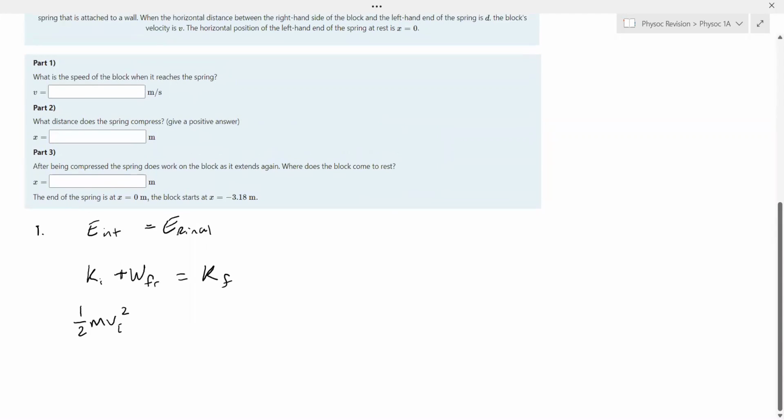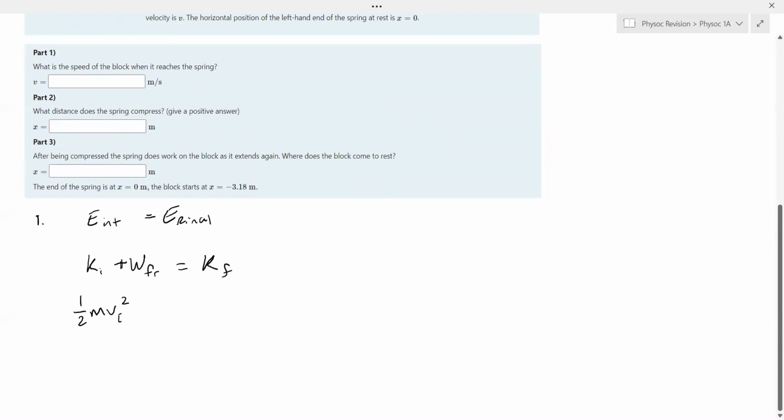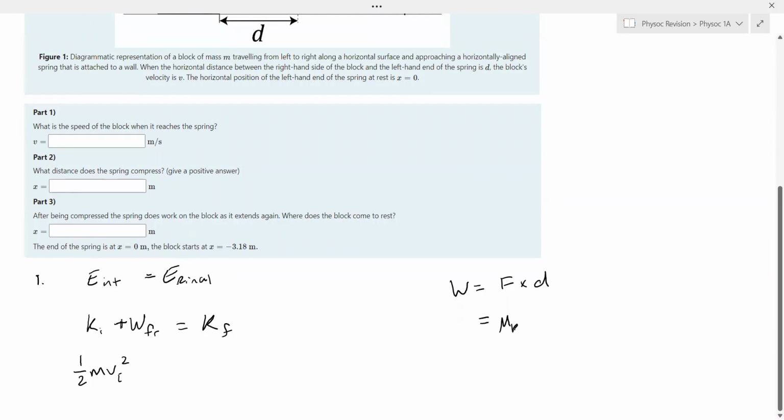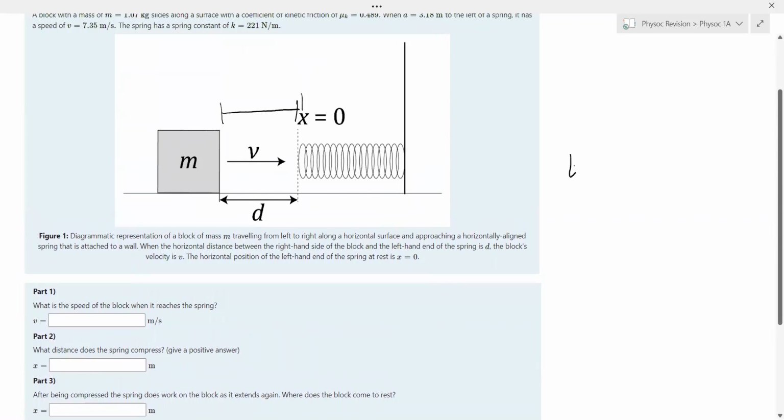Our work for friction, let's do this off to the side. So we know work is equal to force times distance. We know our friction force is equal to mu k, our kinetic friction coefficient, times the normal force. And then just looking at this block here, if we did a quick free body diagram, we're going to have some mass times the acceleration due to gravity, and then going up we have this normal force.